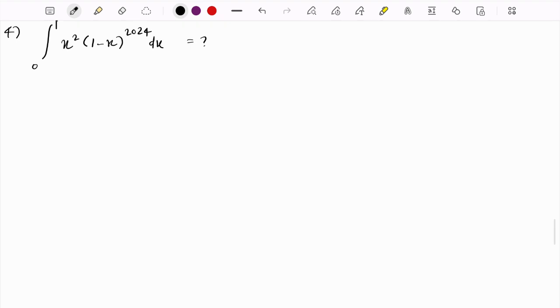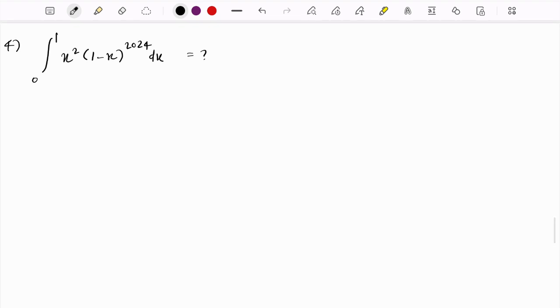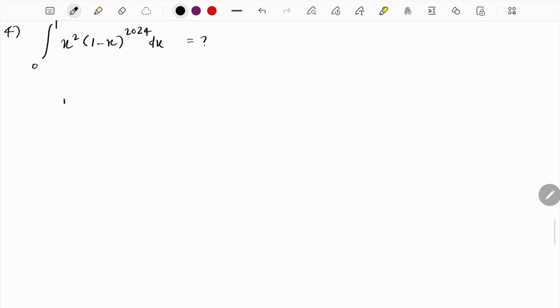Here m minus 1 is equal to 2 and n minus 1 is equal to the power of 1 minus x, that is 2024. That is m equal to 2 plus 1, that is 3, and n equal to 2025. So we got m and n.